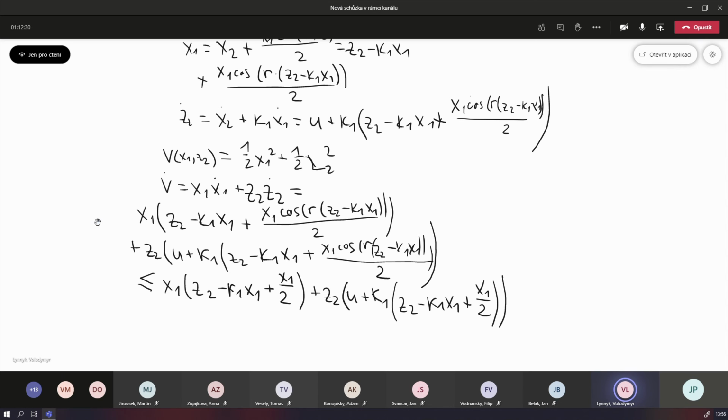And this all is less or equal to minus k1 minus 1/2 x1 squared and plus z2 times x1 plus u plus k1 z2 minus k1 x1 and plus x1 half.